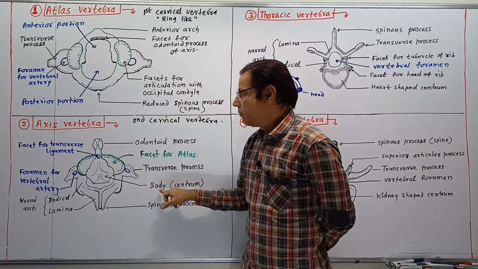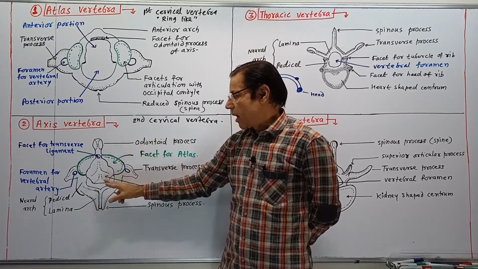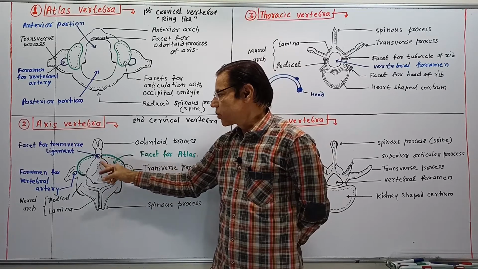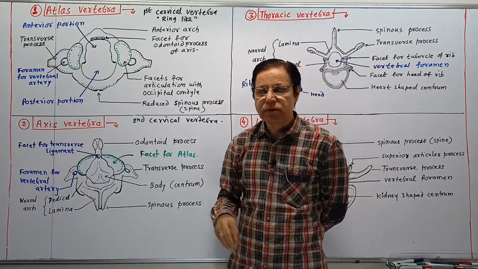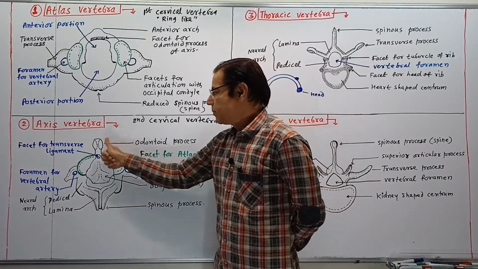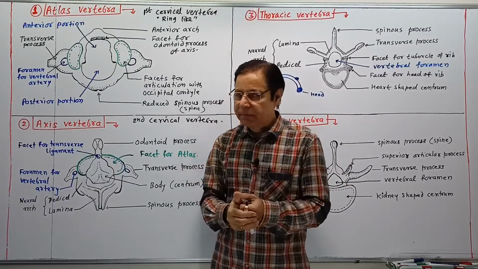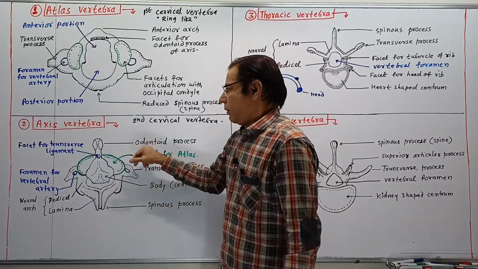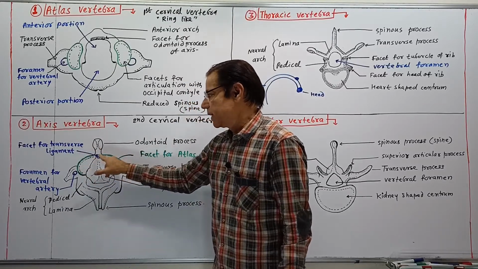The centrum, meaning the body of the axis vertebra, is modified so as to form a tooth-like projection, called the odontoid process or tooth-like process, which fits into the socket of the atlas, forming a pivot joint. Then there are facets for transverse ligaments.